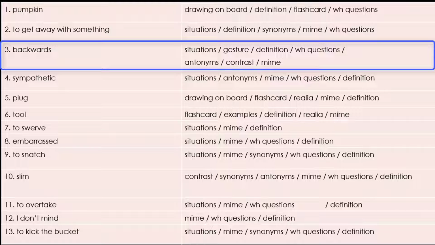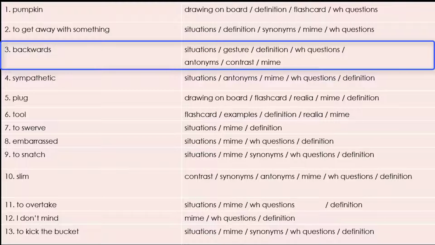If you're looking at a word like backwards, then you can think of situations in which you get certain things going forwards and certain things going backwards. You could use gesture, and that's pretty straightforward, just pointing your finger over your shoulder. You could use a definition. Something that is backwards means that you are moving the opposite to forwards.